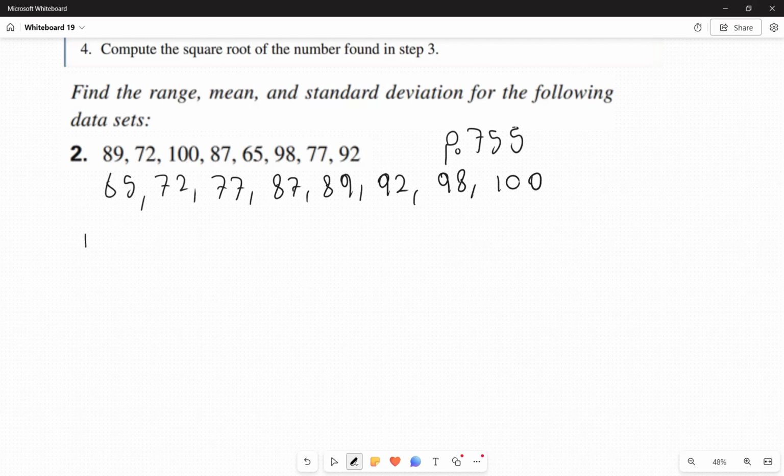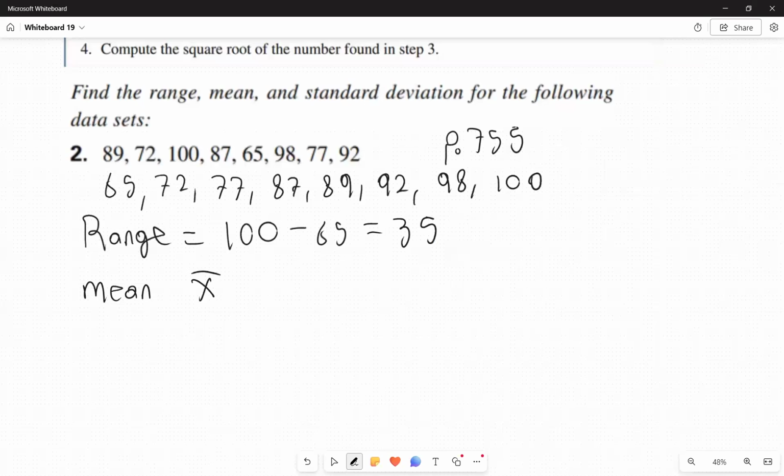So the range is the largest minus the smallest value. The largest data value is 100, the smallest data value is 65. The range is 35. Next, the mean. We denote this with X bar.